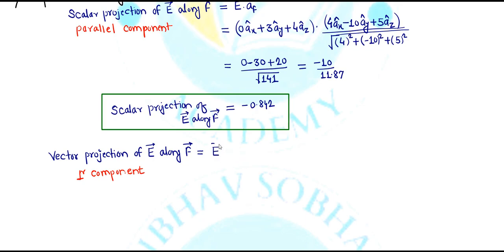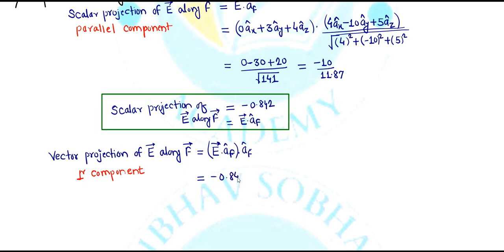Scalar projection of one vector onto another vector, and then having its dot product with respect to the unit vector of your another vector, that is vector F here in this case. Okay, so we have this value over here, which is nothing but what? Vector E dot unit vector AF.